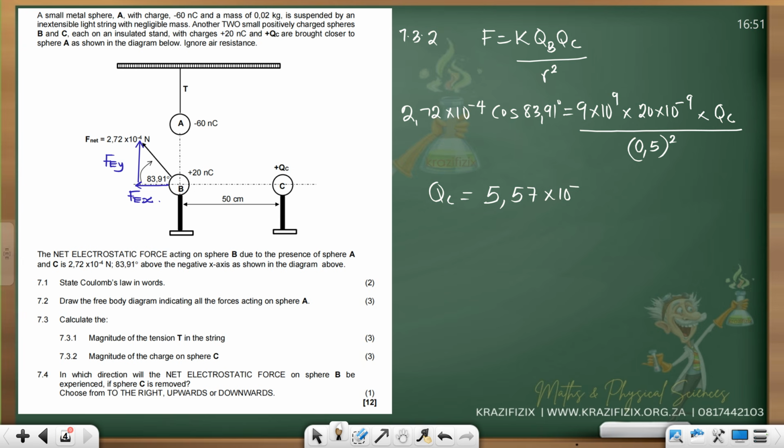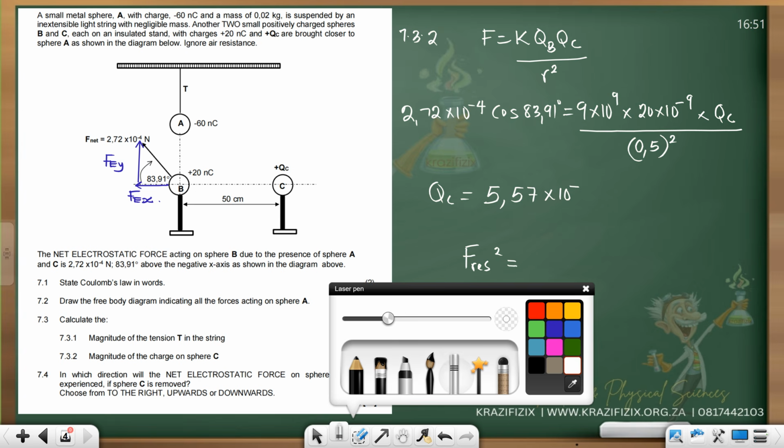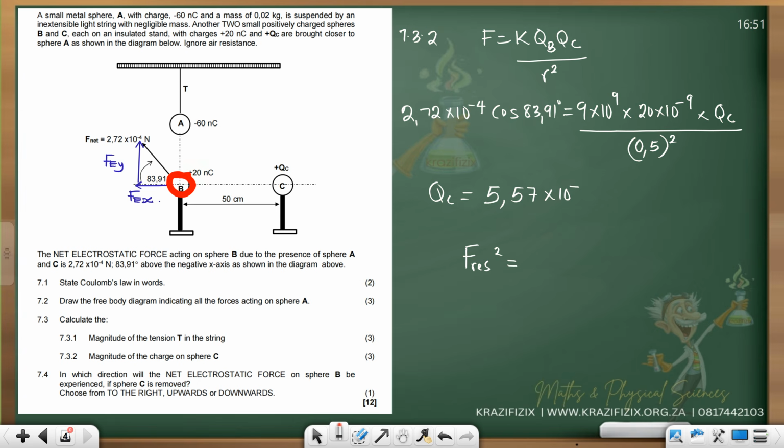I don't know if I'm getting your point and you are getting my point. If I'm using Pythagoras, then I'll say F resultant squared equals to. And that one would only be possible if the examiner asked me to calculate that, which is what they have done already. Oh, so now we're working that way. Yes.